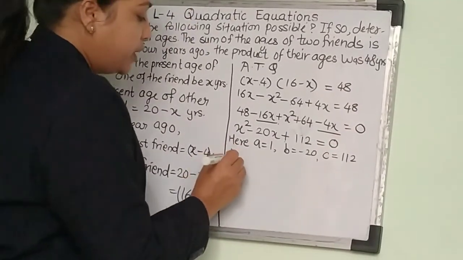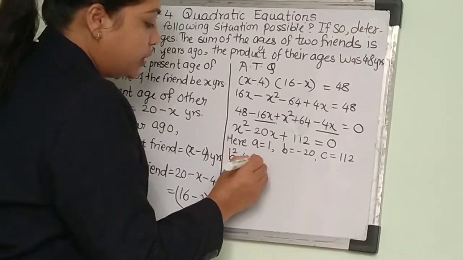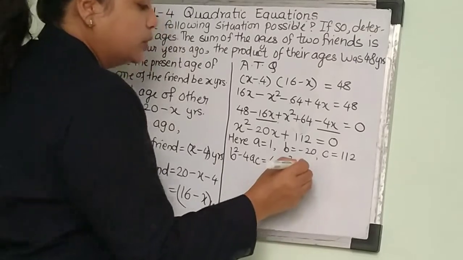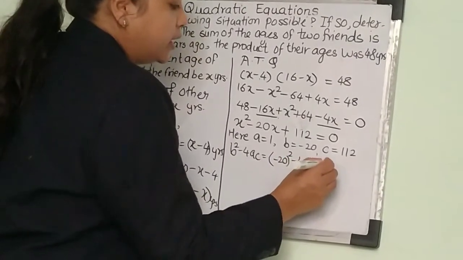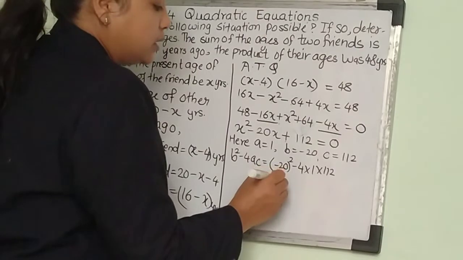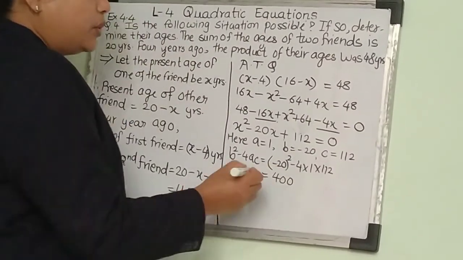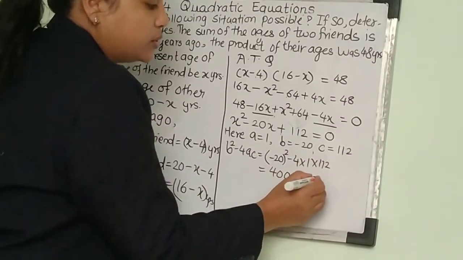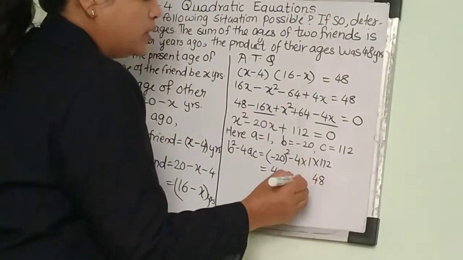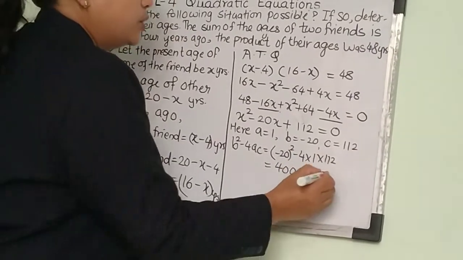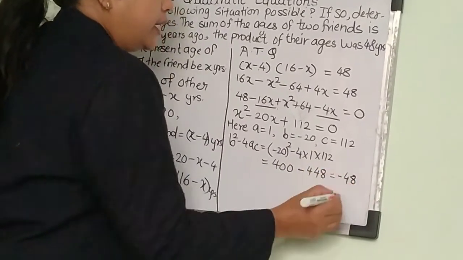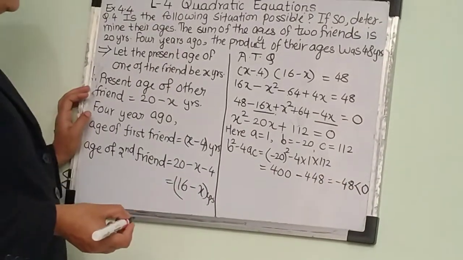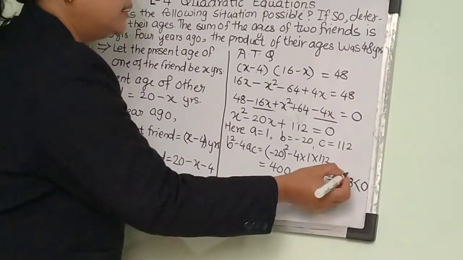So first we are going to find out the value of b square minus 4ac. Minus 20 square minus 4 into 1 into 112. So 20 square is 400, minus 4 into 112, that is 448. So here the value of b square minus 4ac is negative, minus 48.